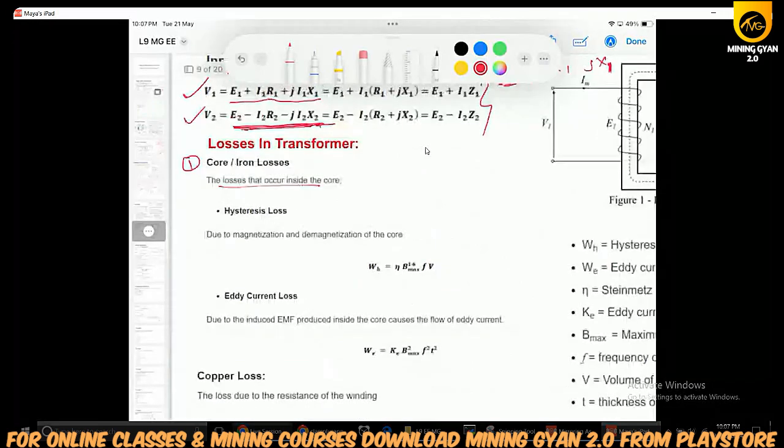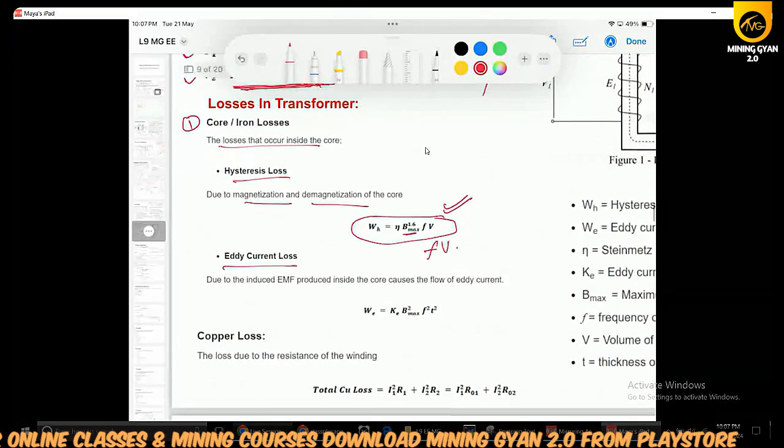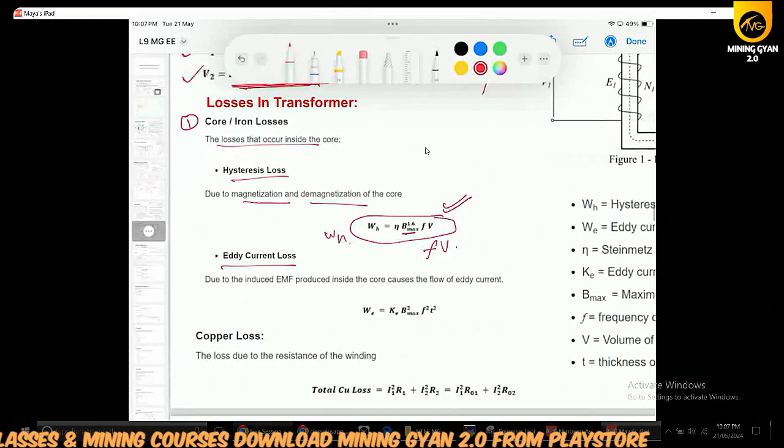Obviously, the core is magnetized, so there will be hysteresis or eddy current loss due to the magnetization and demagnetization of the core. And this is the formula. You can remember the formula directly. Bmax is the flux density, f is the frequency, V is the volume, and WH is the hysteresis loss, and the unit will be watt.